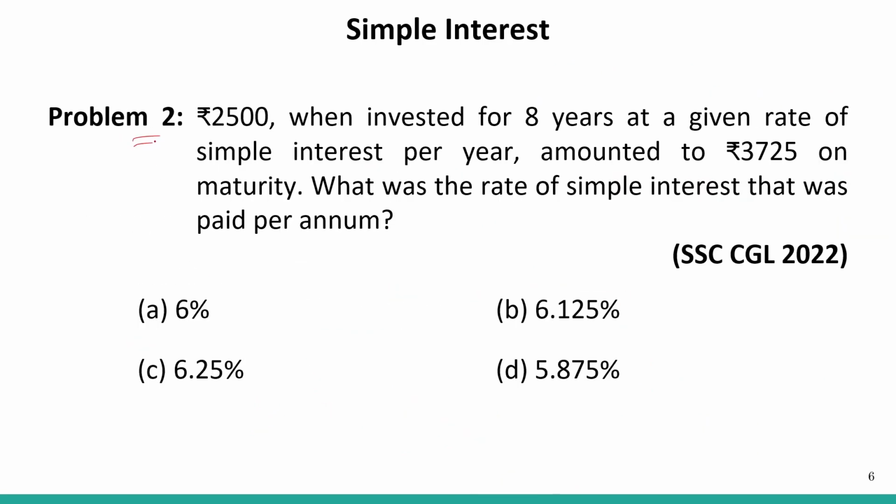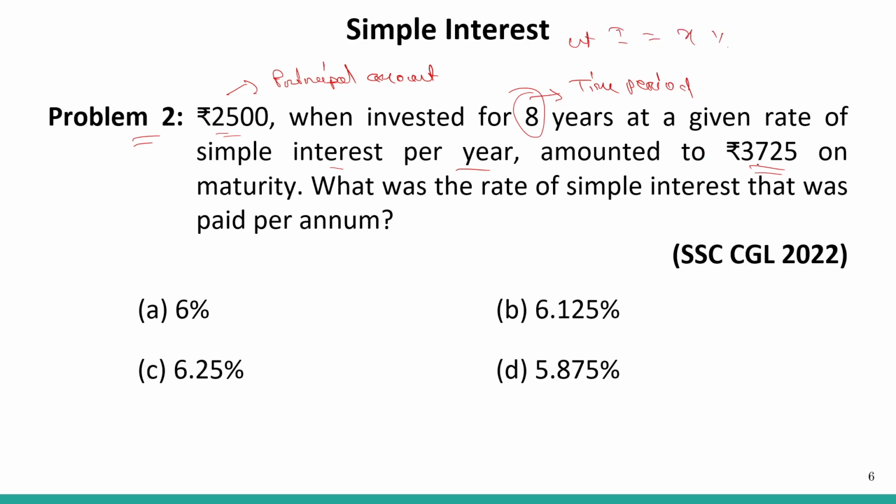So let's see problem number 2. Given that 2500 is the amount, when it is invested for 8 years, this is the principal amount, right? It is invested for 8 years, so that is the time period. Given a rate of simple interest per year, let R be X%.